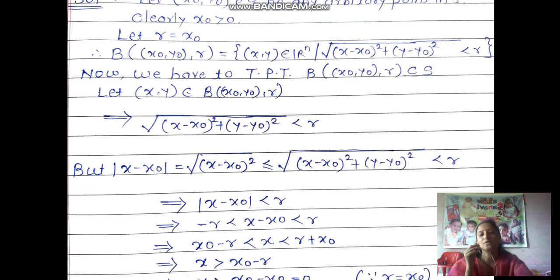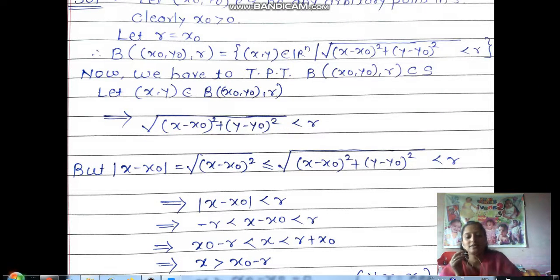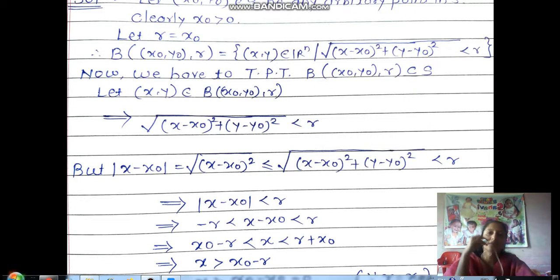And by definition of S, the x coordinate is greater than 0, so the point (x, y) belongs to that set S. Here we take the point (x, y) in the open ball B(x0, y0; r), and this point lies in the set S. This (x, y) is any arbitrary point in that open ball.